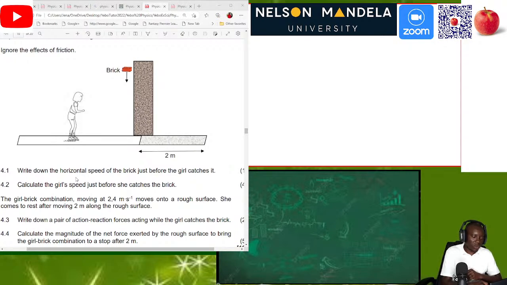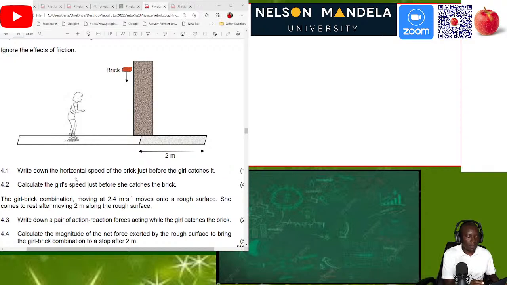So this leads us to what we refer to as conservation of momentum. In a conservation of momentum setup, we have momentum being conserved, meaning the total initial momentum is equal to the total final momentum.